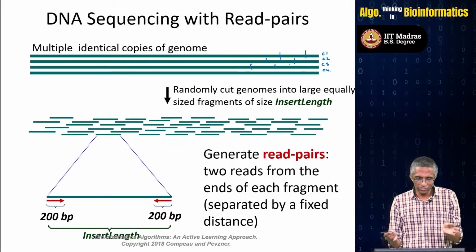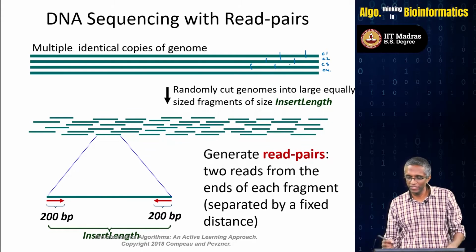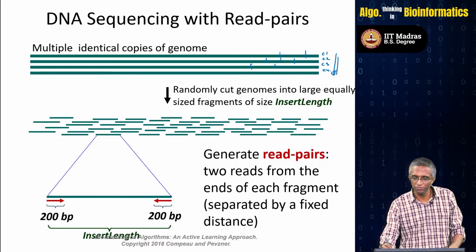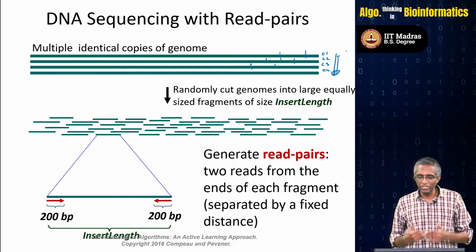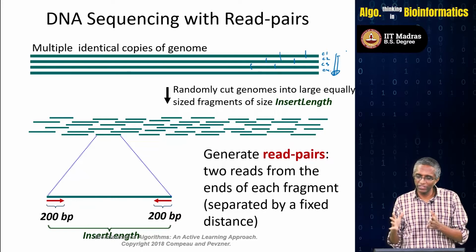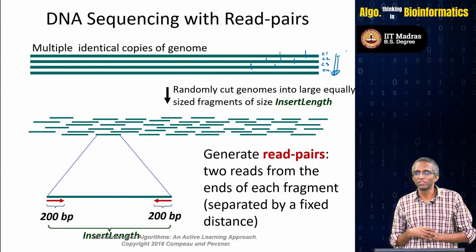So for one genome, at every possible pairing you are assuming you are able to get it if there are enough copies. Again, in the real world you may not get every possible paired k-mer, but you are assuming that if there are millions of copies of these genomes and everything gets randomly sheared, then all possible paired k-mers are output by the sequencing machine.